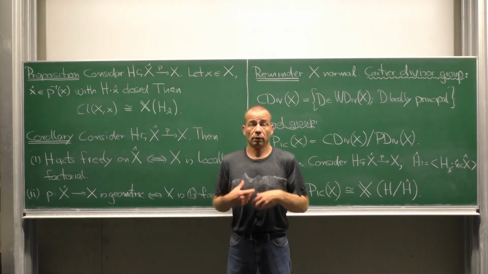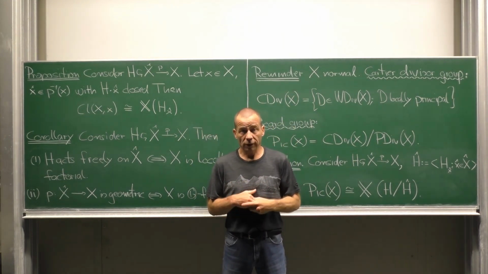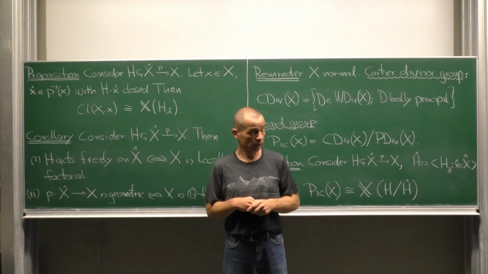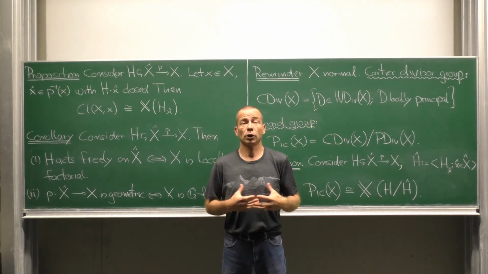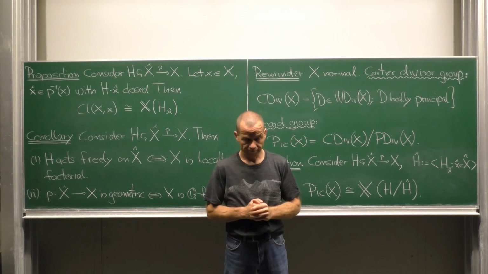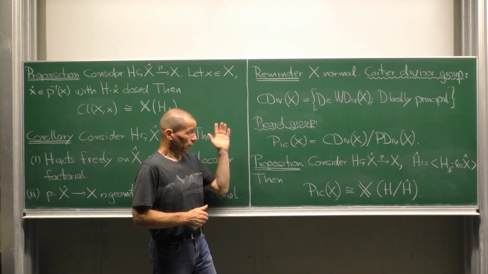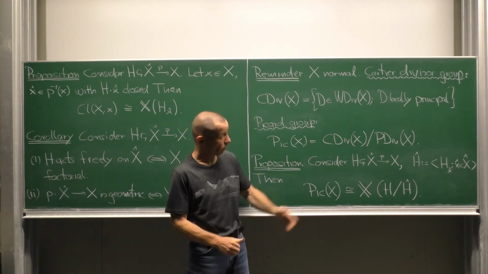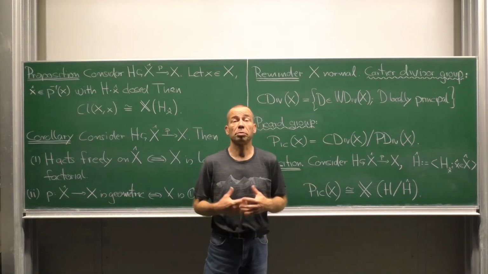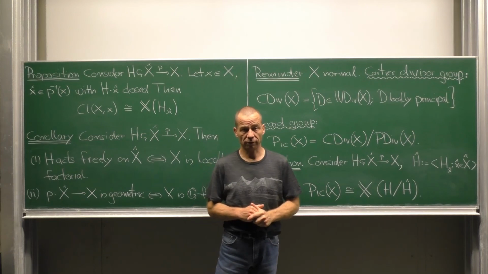Recall that the group of Cartier divisors on a normal variety X consists of all Weil divisors which are locally principal. The Picard group of X is the factor group of the Cartier divisor group by the group of principal divisors.